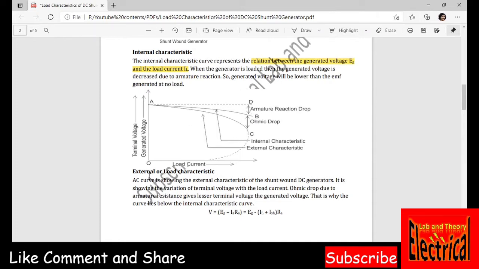so now for external load characteristics, it is the variation of terminal voltage with the load current.